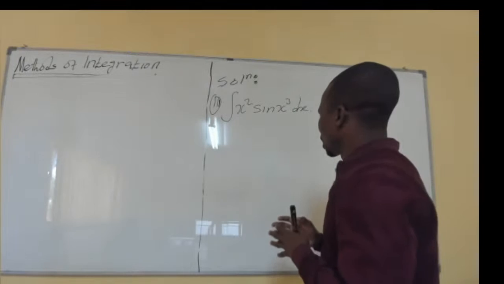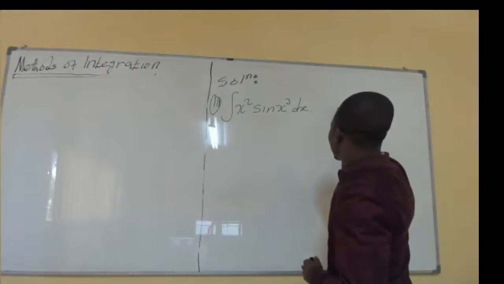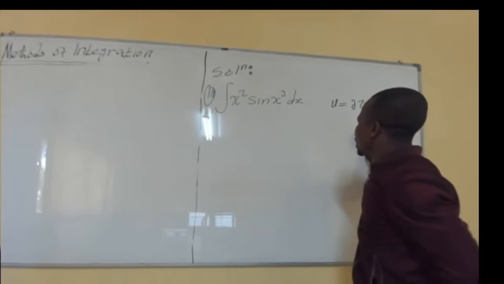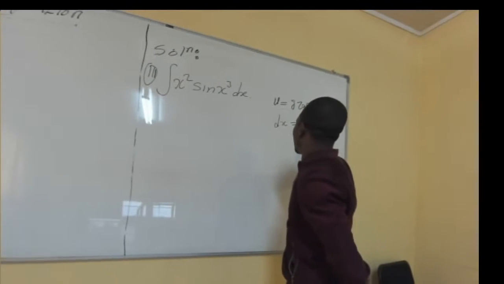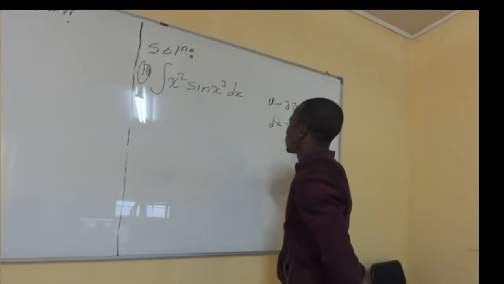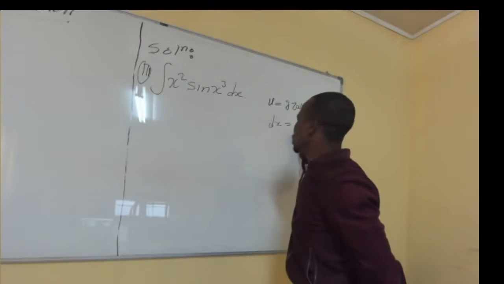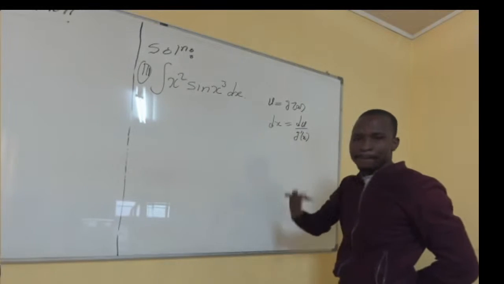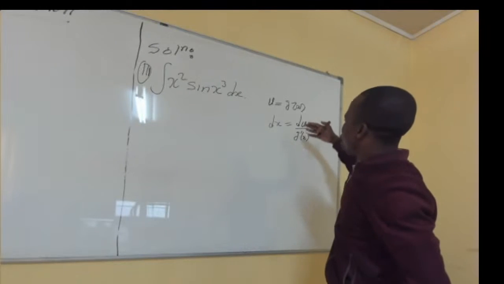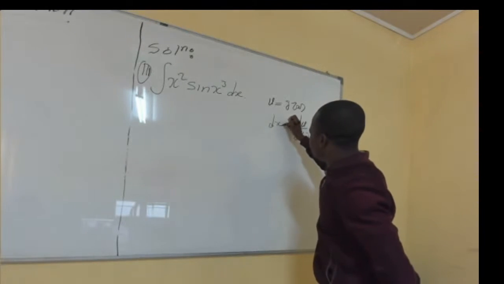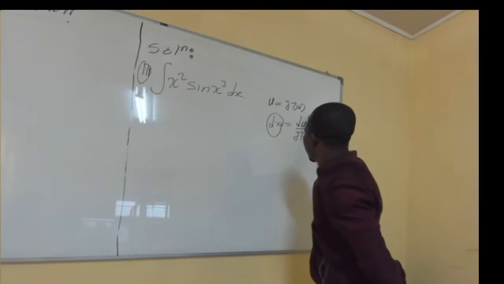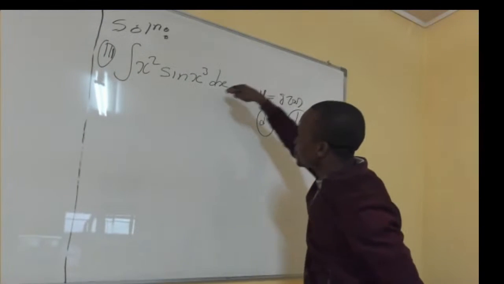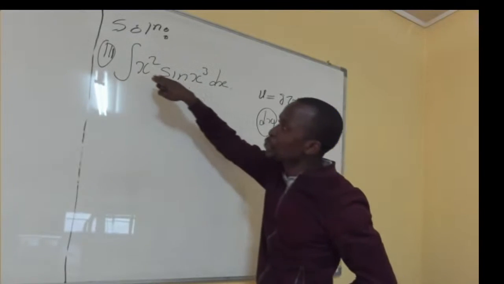If I select my u to be equal to some g of x, then when I substitute my dx, which is equal to du divided by g prime of x, it should cancel with something here.